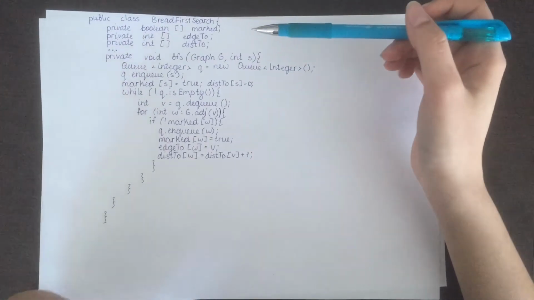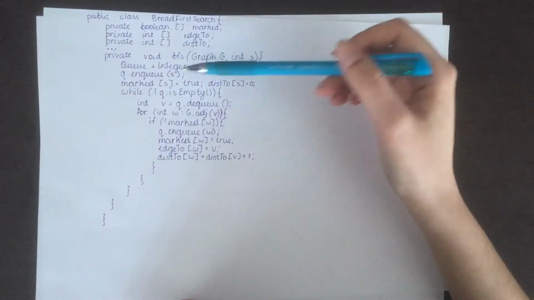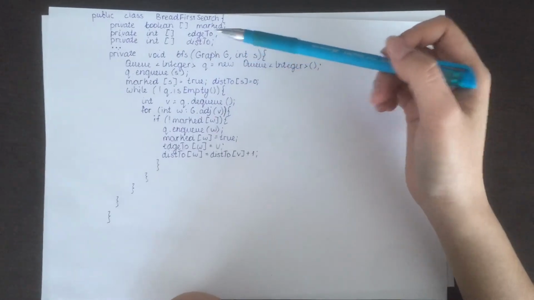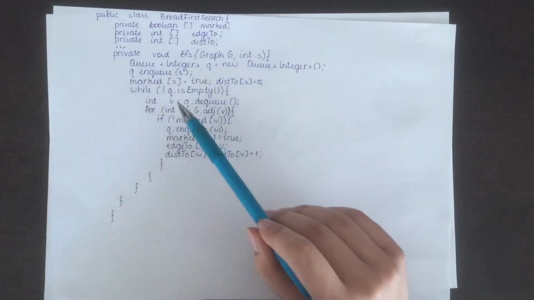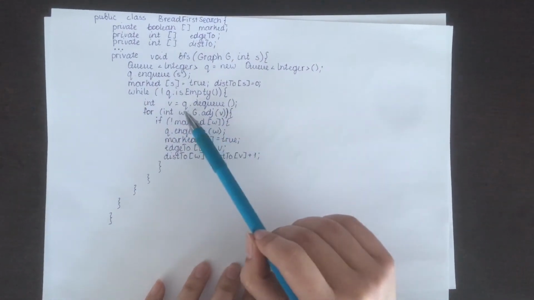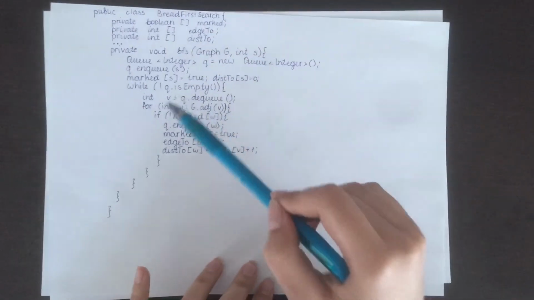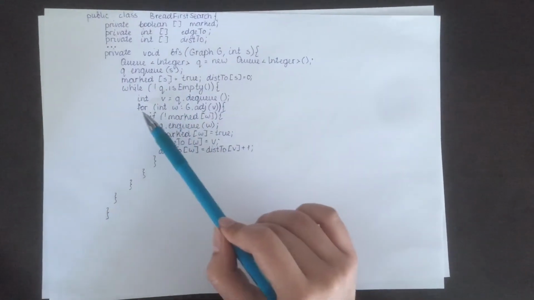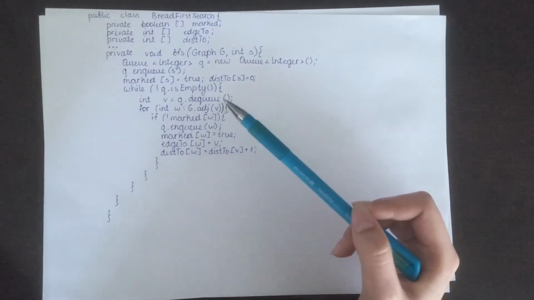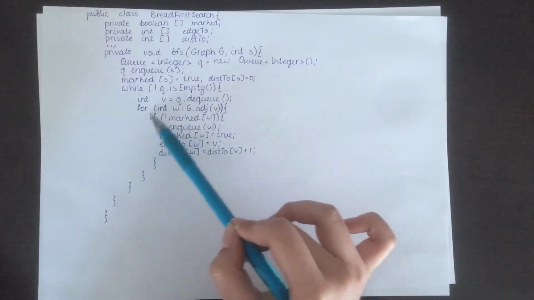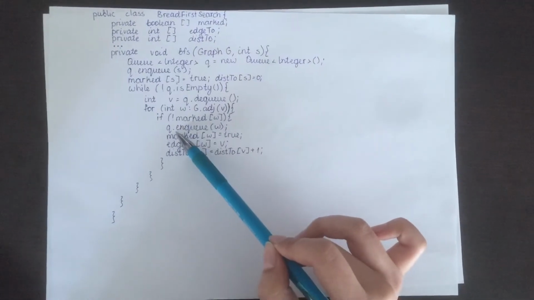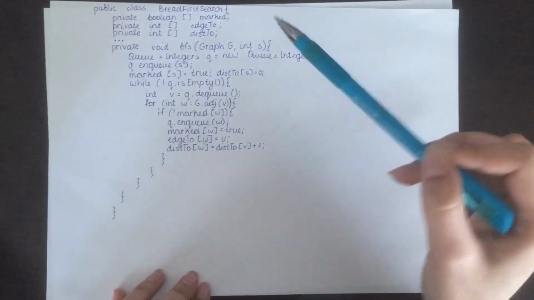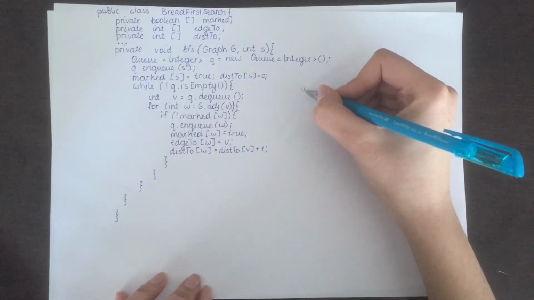Then we open the while loop: while the queue is not empty. Integer v is the integer which is dequeued from the queue, our source vertex. And in the for loop we have our if condition. If w is not marked, we enqueue it in our queue.